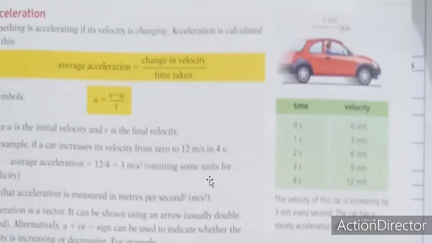So the average acceleration is equal to the change in velocity upon time. Symbolically, you can write a = (v - u) / t. Here, u is the initial velocity, which is zero when we start a car, and v is the final velocity, like when the dial is on 40 or 60.